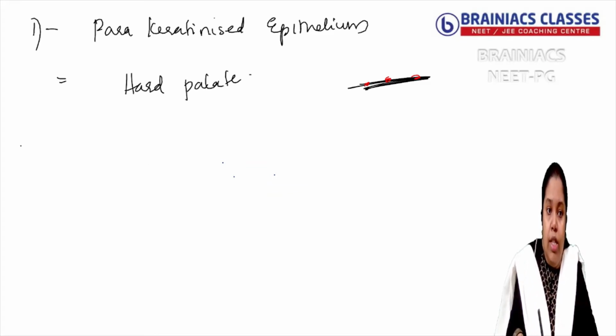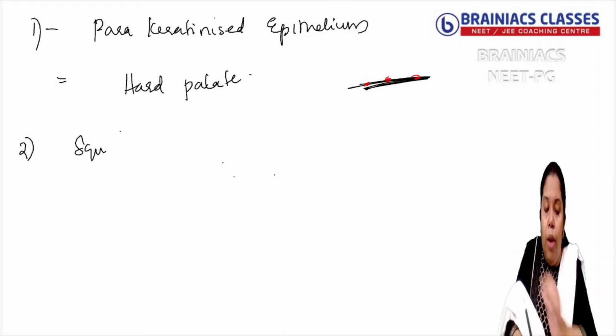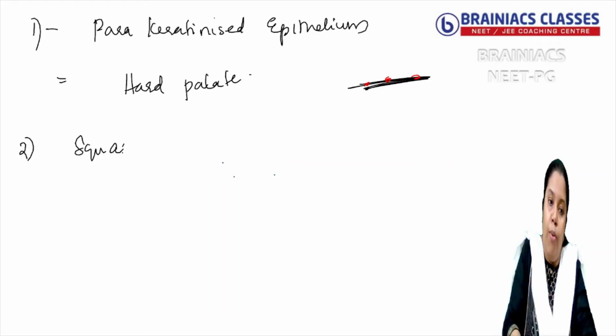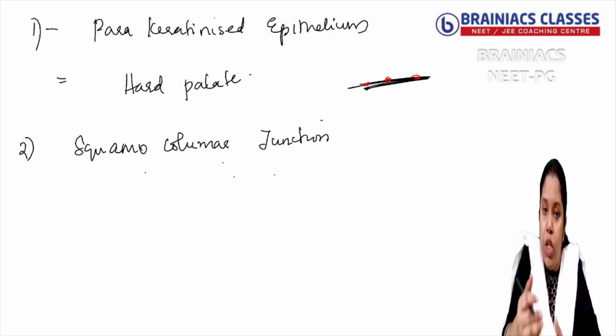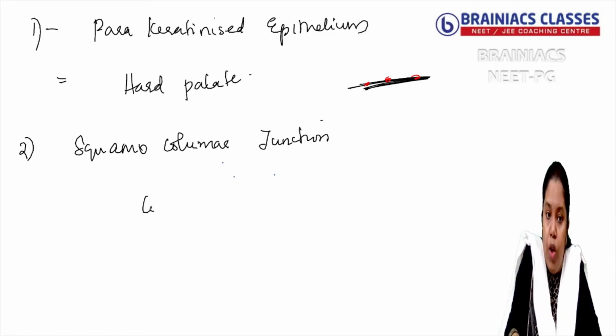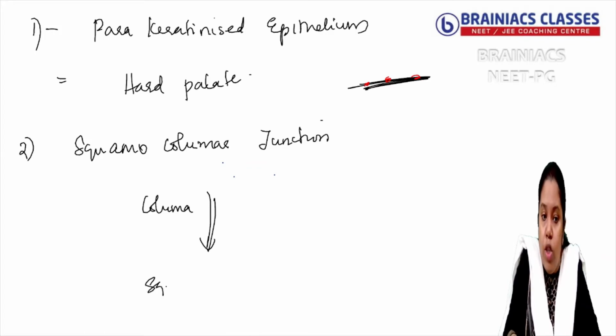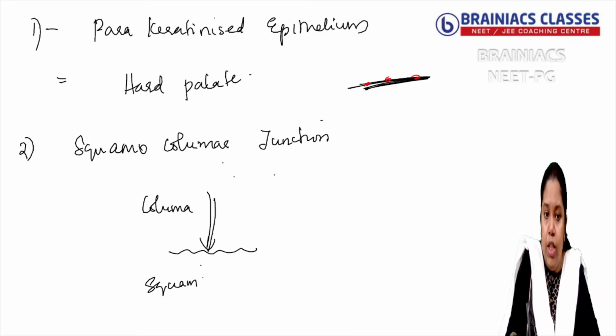The second one is the squamo-columnar junction. What is meant by squamo-columnar junction? This is a transformation stage, where the epithelium transforms from columnar cells into squamous. Understand? And there will be a junction where this transition occurs.